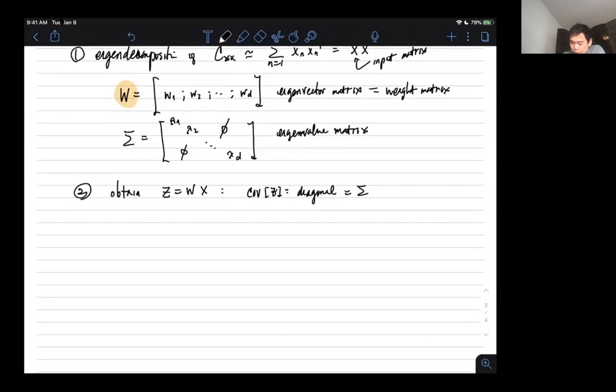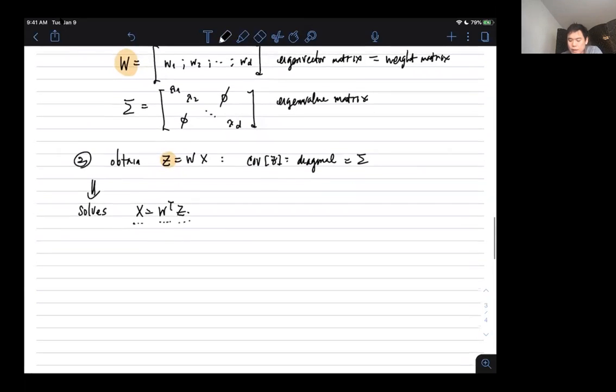So we get the code vector by multiplying the input matrix with the eigenvector matrix, or the W matrix, and then we get Z. And in this case, this is exact. Thereby, we know that this process solves the problem of estimating X as a decomposition, or the product, of the W transpose and then Z, the code matrix.